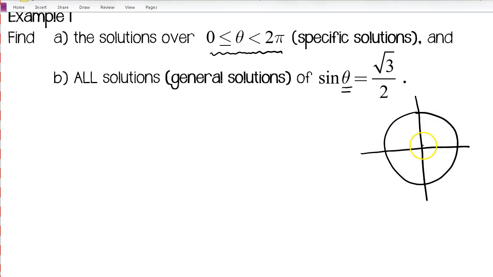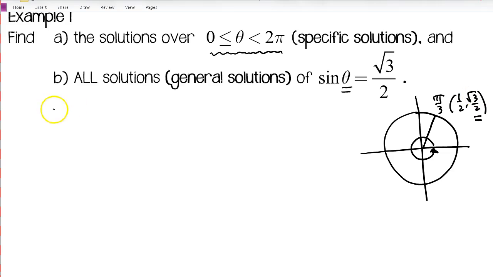And we know that pi/3 has coordinates 1/2 and √3/2. So pi/3 has a y-coordinate of √3/2. So as I go around the unit circle one time, are there other places that have a y-coordinate of √3/2?